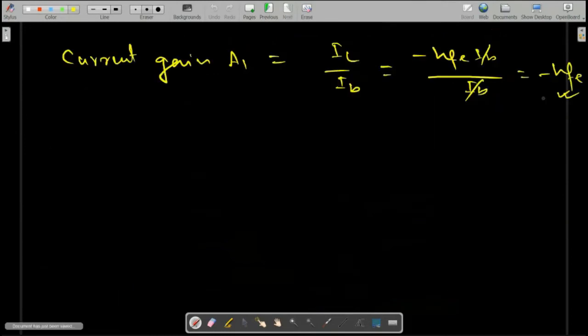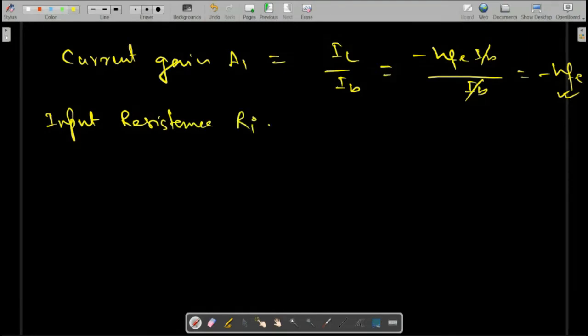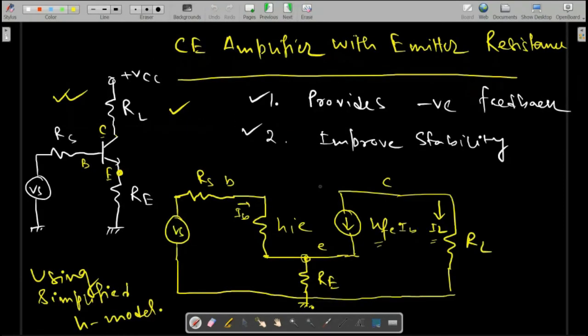Input resistance. How will emitter resistance affect the input resistance? Let us see. RI, you know, is VB by IB. VB means basically the voltage at this point. Now focus here, just VB.